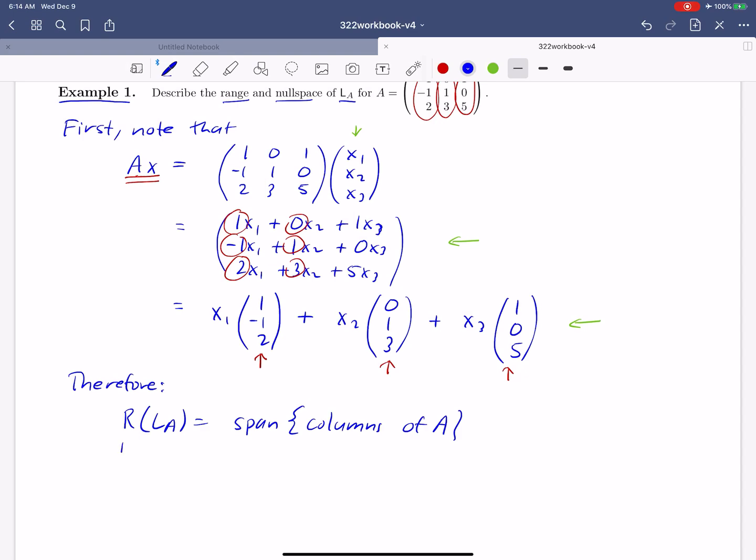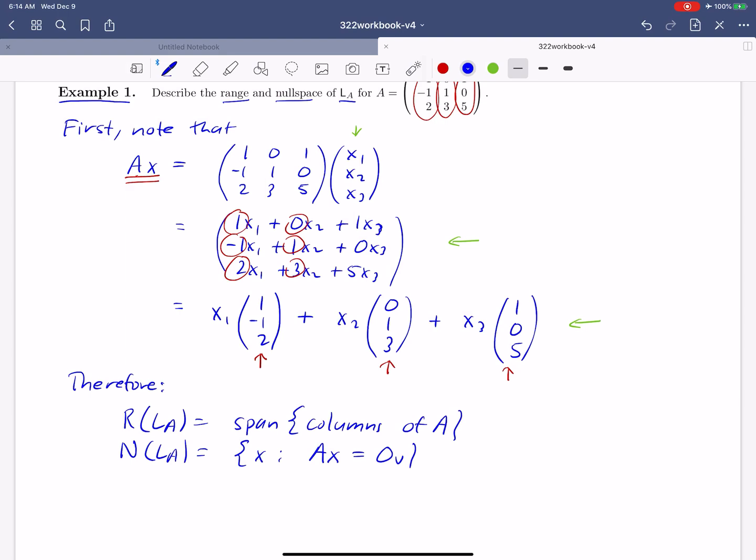And then what about the null space of LA? Well, the null space of a linear transformation is the set of all inputs, which in this case would be x, such that the output is equal to 0, and the output of this transformation is Ax. So it's the set of all inputs such that Ax equals 0.